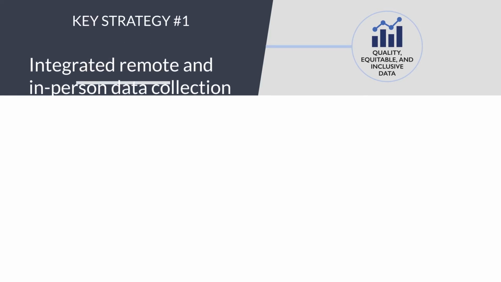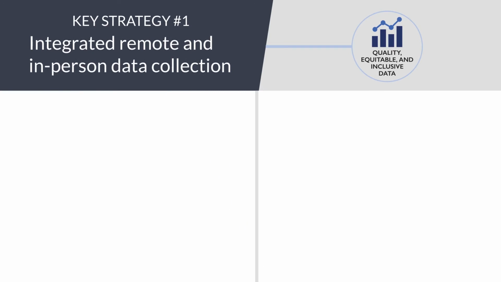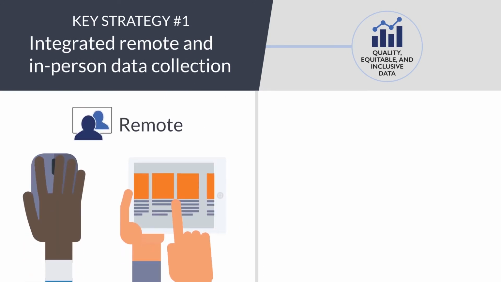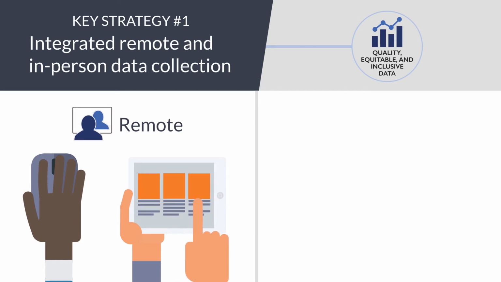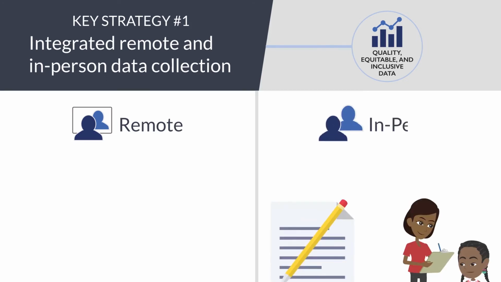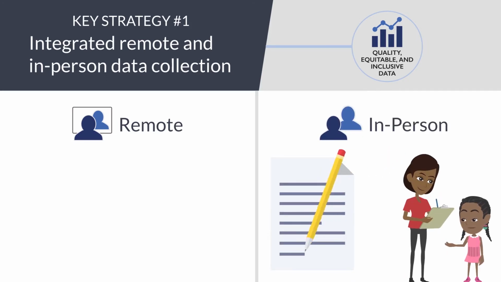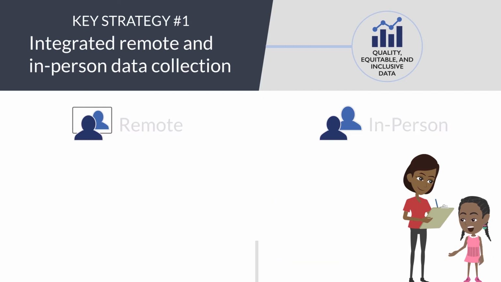Key strategy number 1, integrated remote and in-person data collection. Remote data collection provides timely data on reach and engagement and can be used when in-person data collection is not feasible. In-person data collection is preferable for measuring outcomes including attitudes, beliefs, and behaviors, and where building rapport with learners is critical.